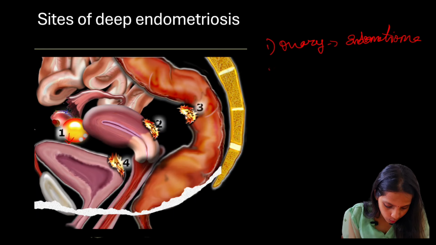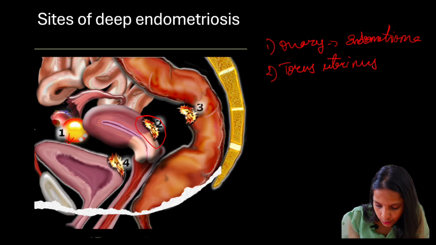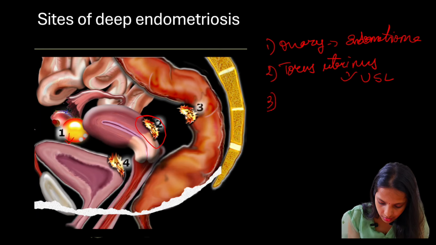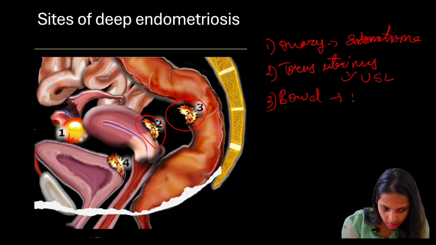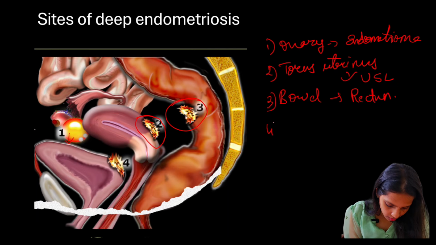The second, as previously said, and the most common site, is the torus uterinus, the common insertional site for the uterosacral ligaments. The third one is the bowel, where we look at the rectum. And the fourth one is the bladder.